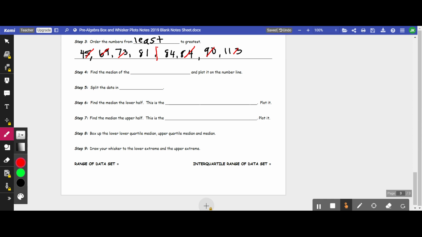You want to find the average of these two numbers because you're figuring out what's halfway between the 81 and 84. So you add those together and divide by 2 to figure out your median. If you do that here, you'll get 82.5 for the median.